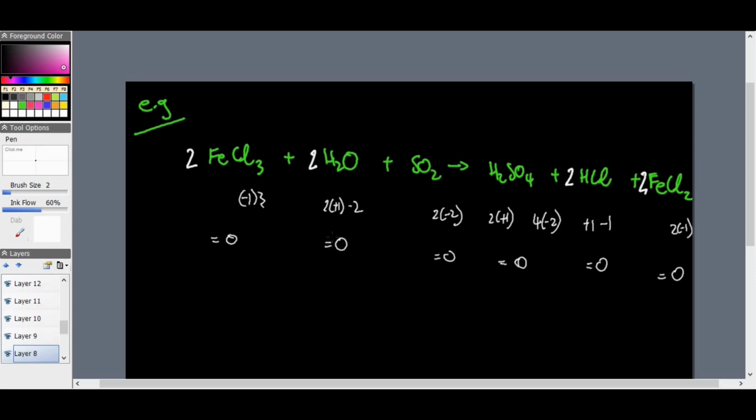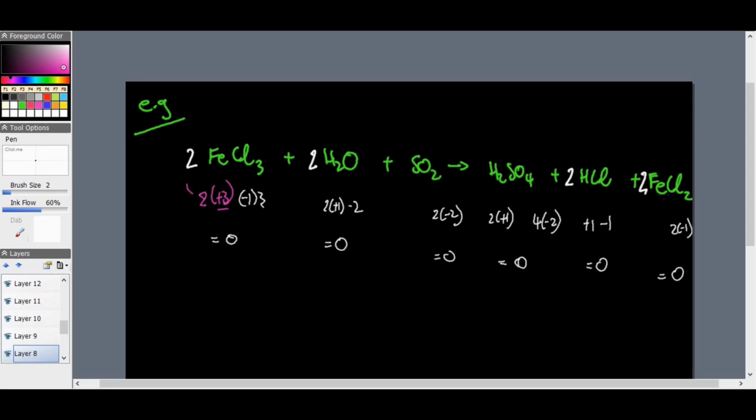So for the iron, it's 2 times positive 3. So the oxidation number will be positive 3 there. Lovely stuff. And then for the other iron, it's also positive 3.